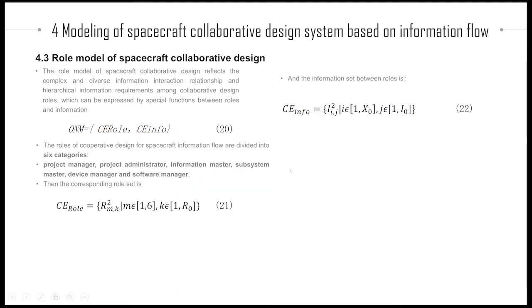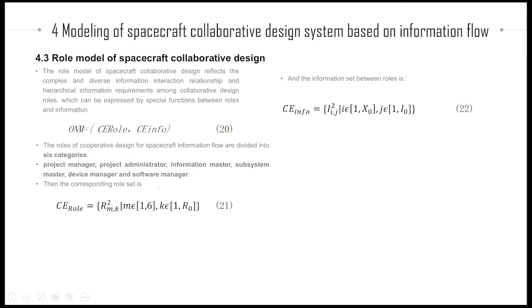Then is the role model of spacecraft collaborative design. The role model of spacecraft design reflects the complex and diverse information interaction, relationship, and hierarchy information requirements among collaborative design roles. It can be expressed in Formula 20.